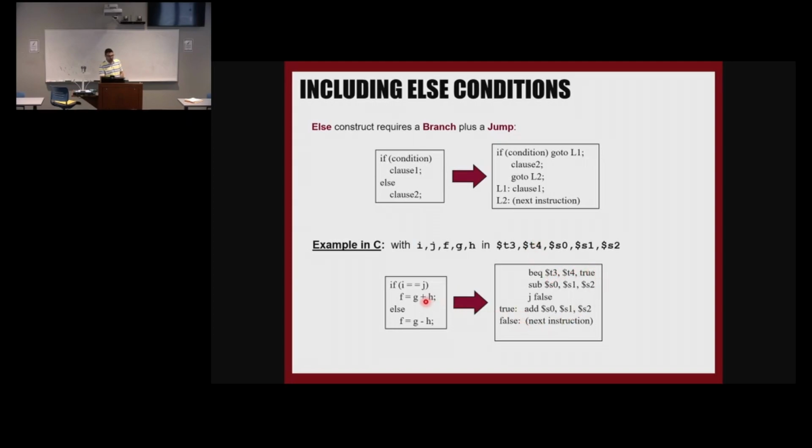What we do in true is add G and H, which are S1 and S2, and put the result back in F, which is S0. If it's not true, it means that we have to execute the else clause, and that is subtraction. We subtract S1 and S2, put the result in S0, but then we need to add this jump false here, to skip that instruction.